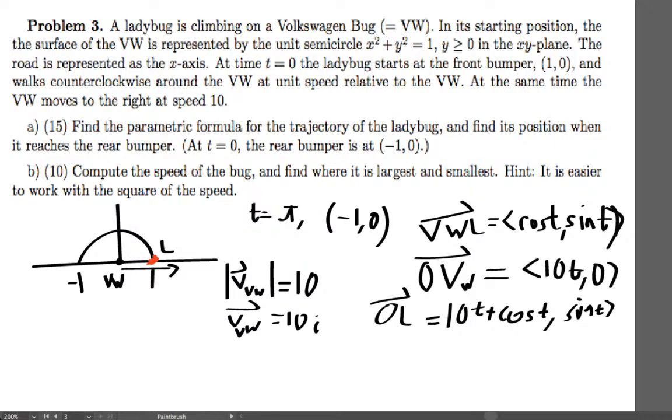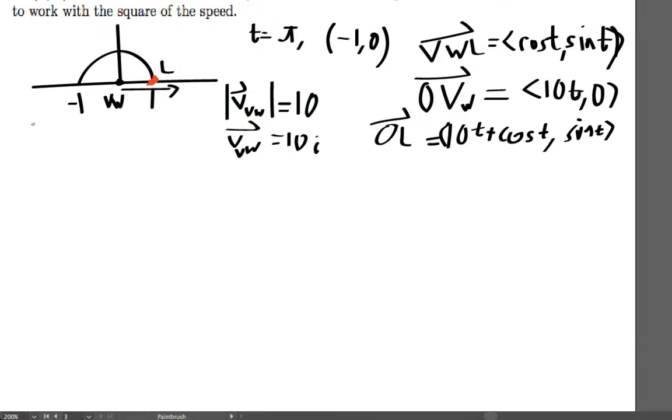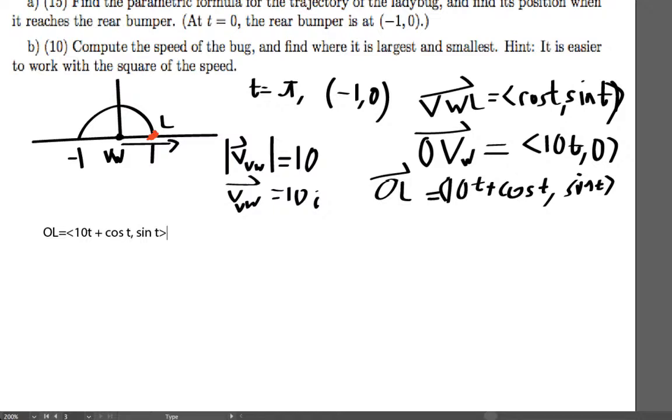There you go, and that's the parametric equation. Let's write this in a more beautiful form: OL equals (10t + cosine t, sine t). Good. Obviously, I have wasted lots of time.